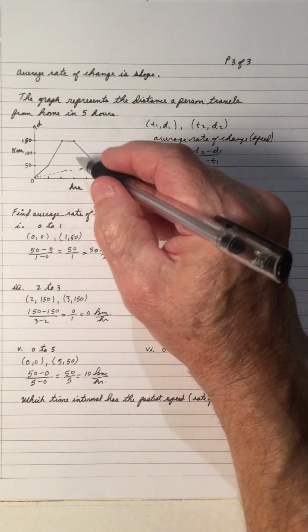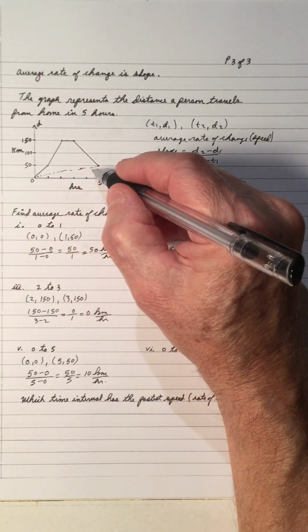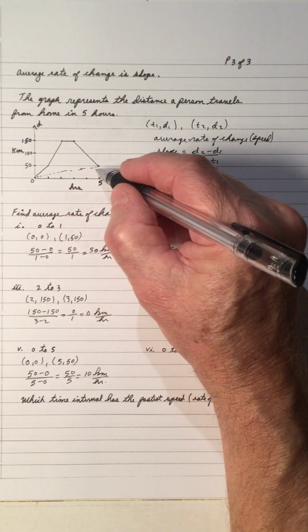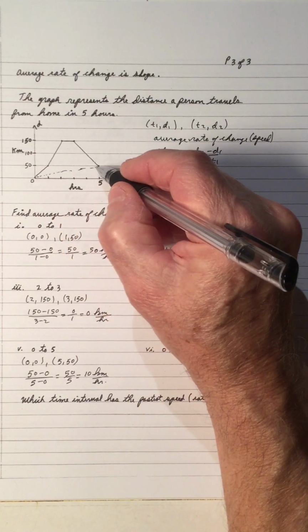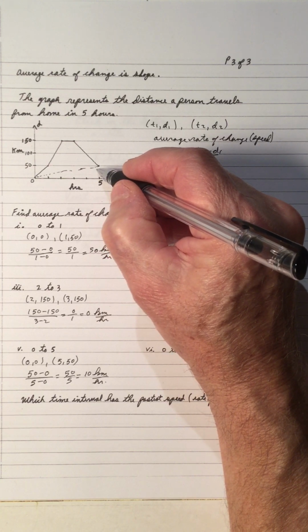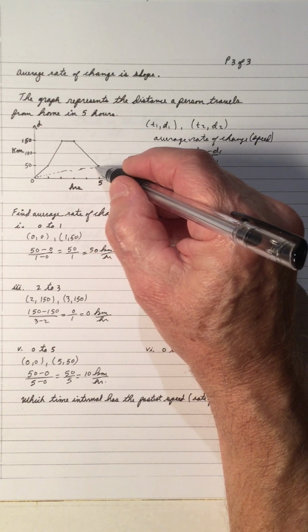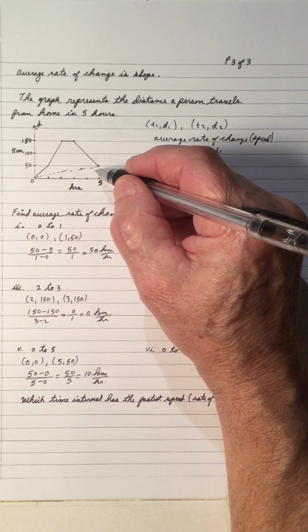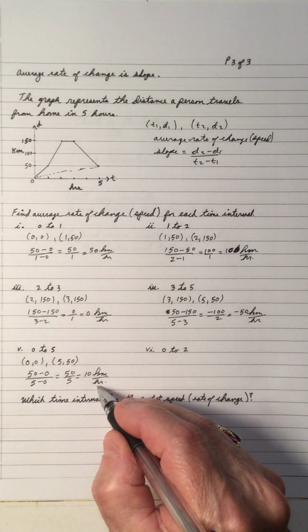So notice from 0 to 5, you have to do the slope. But notice the slope of this line is smaller. So on an average, from walking 5 hours, walking 50 kilometers, he only walked on an average of 10 kilometers per hour.